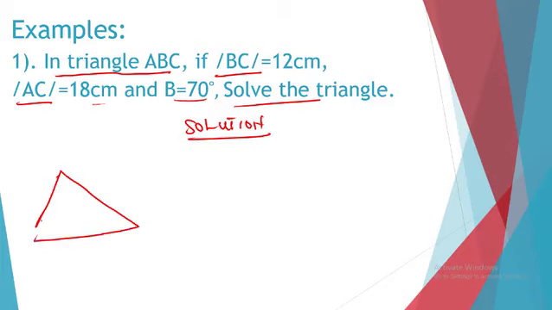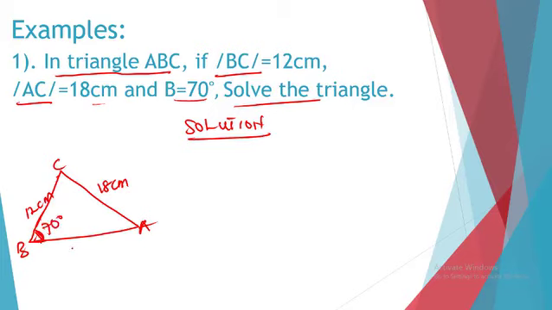So we have a triangle called ABC, and line AC is 18 cm, line BC is 12 cm. Angle at B is 70 degrees.